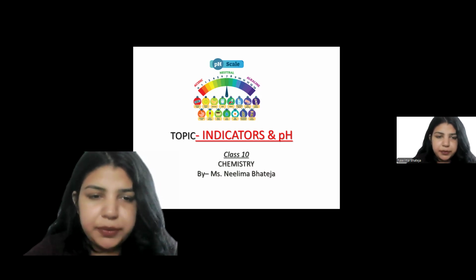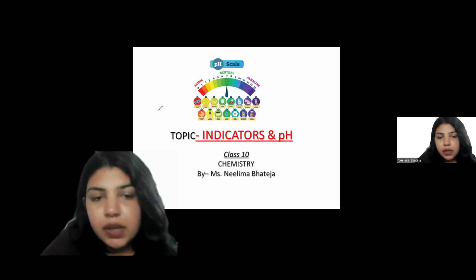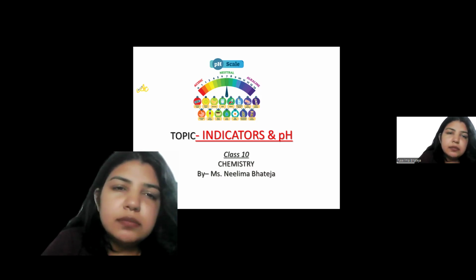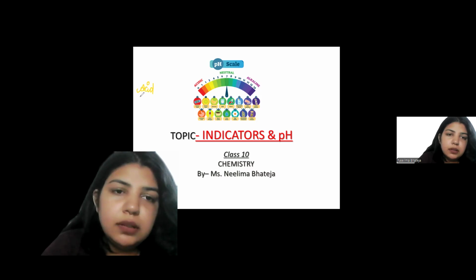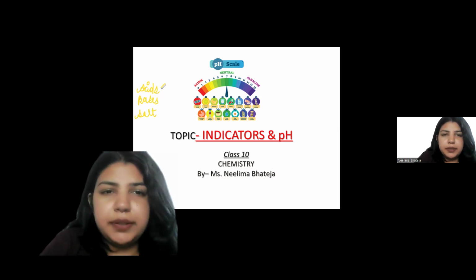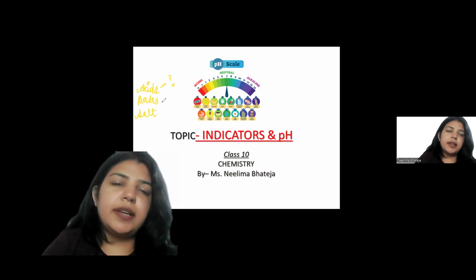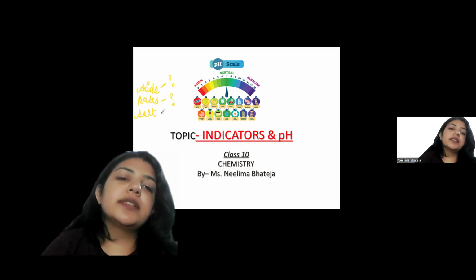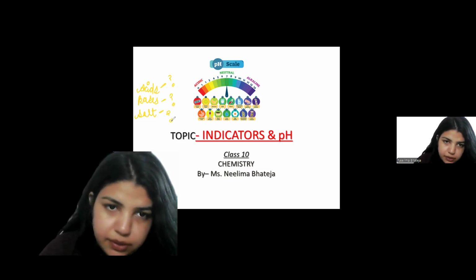So what is the name of the chapter? The name of the chapter is acids, bases and salts. What is an acid? How will you identify that it is an acid, how will you identify that this is a base, and how will you identify that this is a salt?